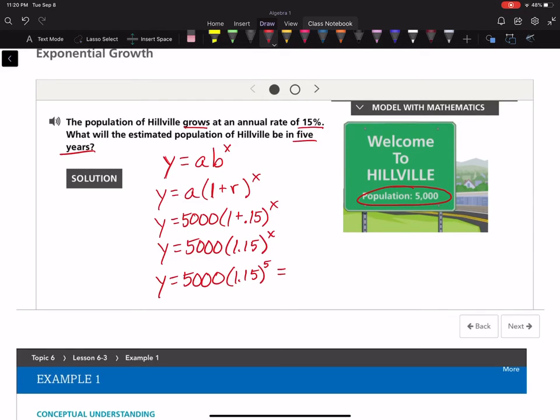Looks like 10,056.79 people. Now, it would be a really neat trick to have 0.79 of a person, so we'll just round that up to 10,057 people. And again, that's in about 5 years. So in about 5 years, we've more than doubled our population.